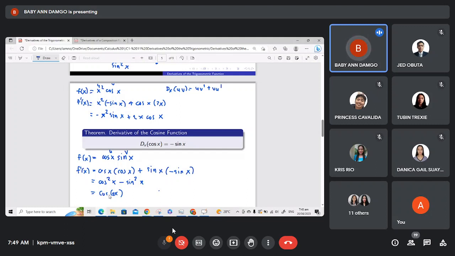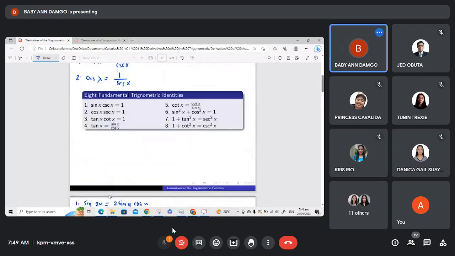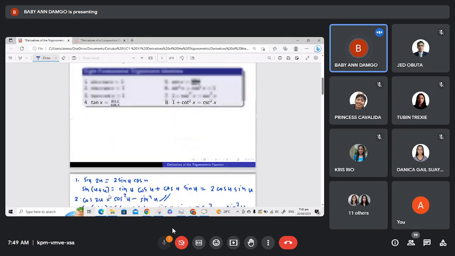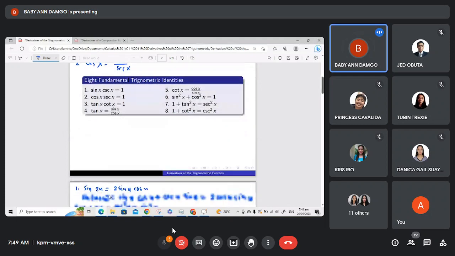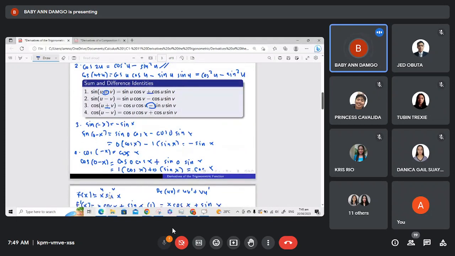So need mo mag-practice sa identity. So kani yung mga ipang familiarize, kay ang ubang identities ay ma-solve ra jud using kaning pila ka identities. So mao na gitawag og practice makes you perfect.